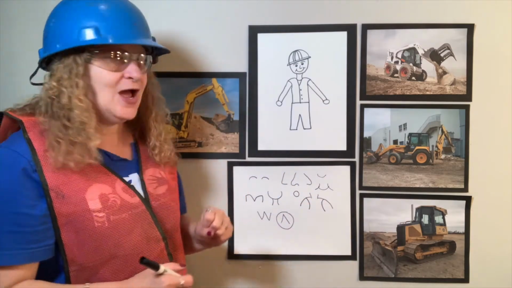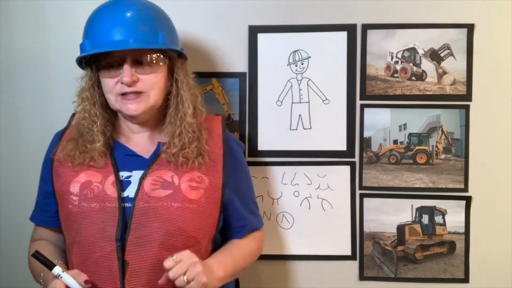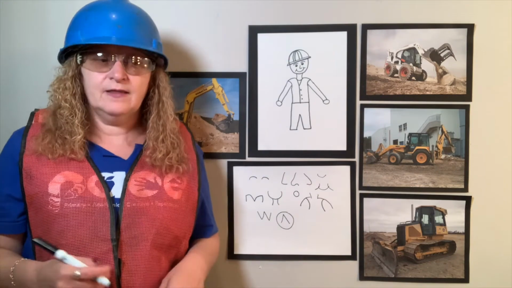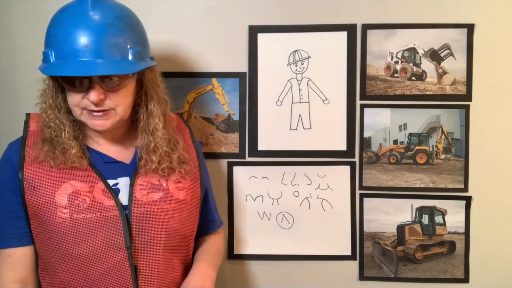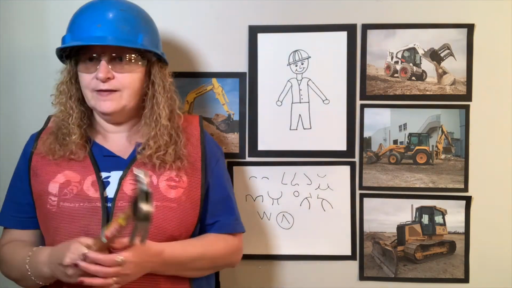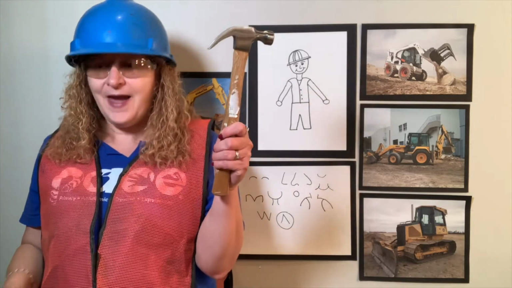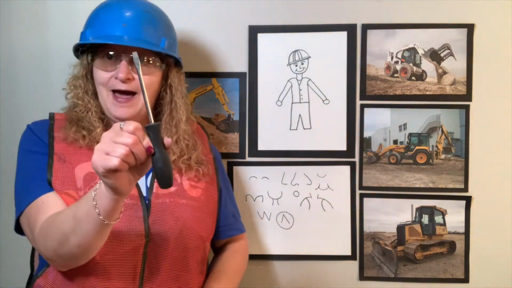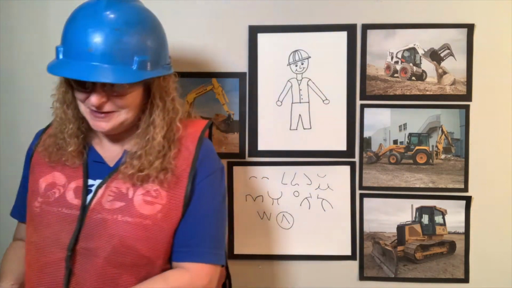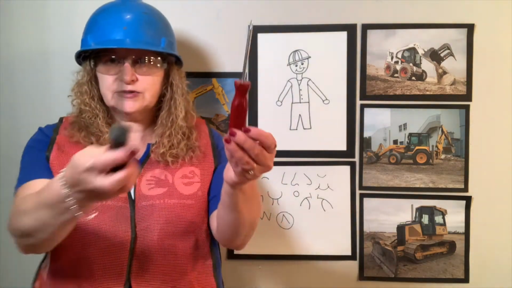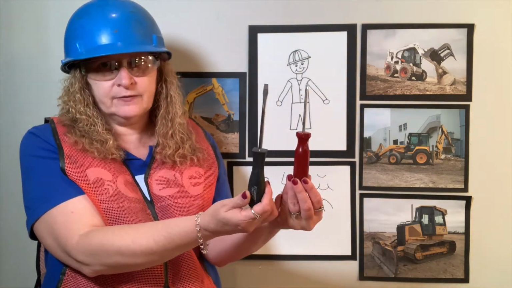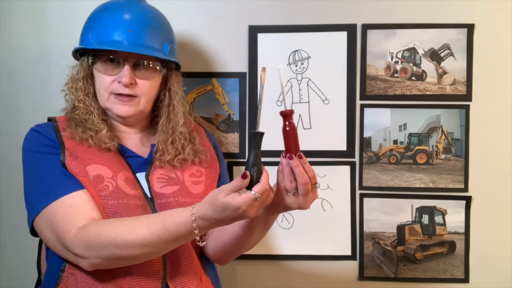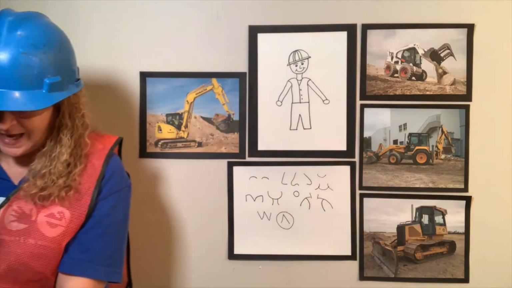All right. Now, we talked about different kinds of tools that construction workers use, and one of them would be a hammer, a screwdriver. Good job. Now, not all screwdrivers are the same, that I learned from Mr. Paul. They're different kinds.